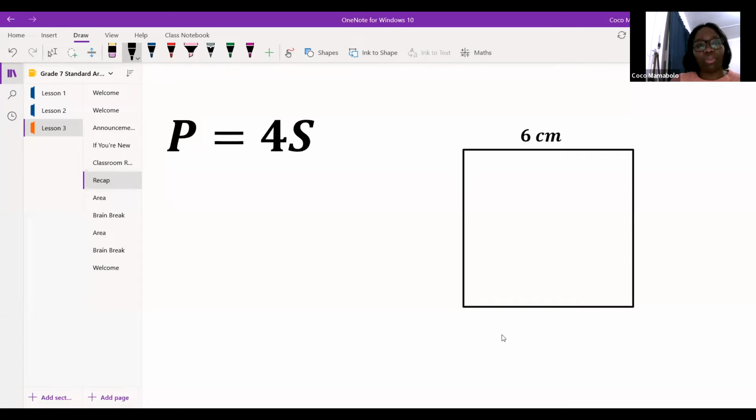So, Nkanyiso, how am I going to calculate for this square that we have here? What am I going to write down? So you say P equals 4 times 6. Good. P equals. You missed something before the P.